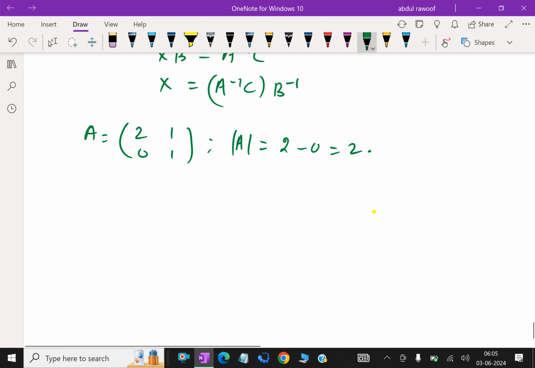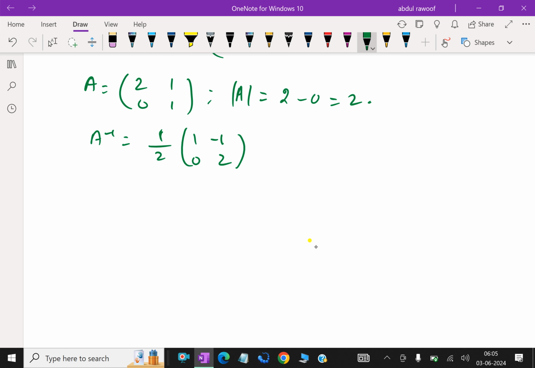Therefore, A inverse is 1 by determinant, 1 by 2. Interchange the principal diagonal, that is 1 and 2. Change the sign of the second diagonal. This is A inverse.